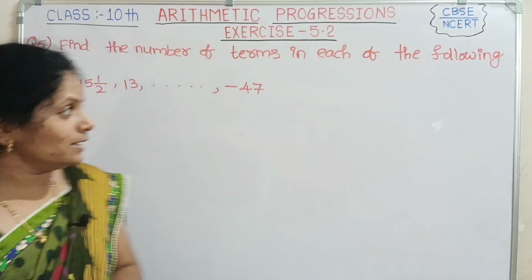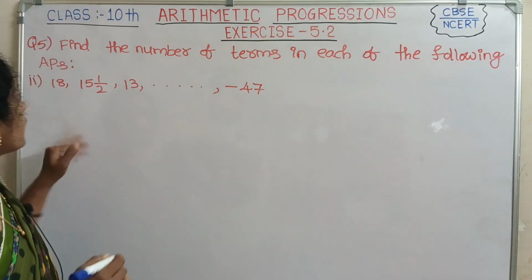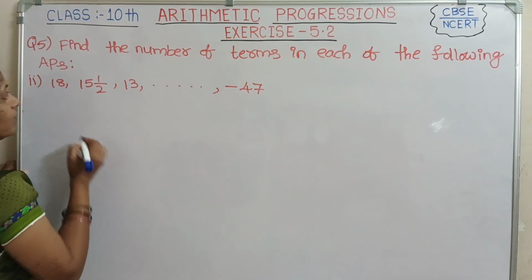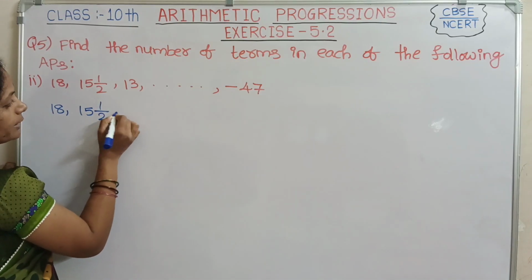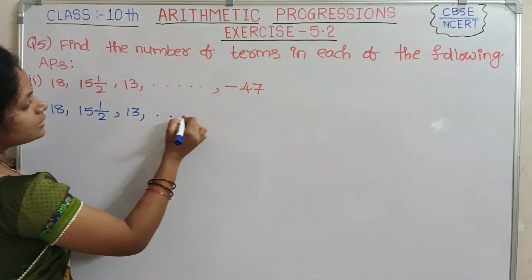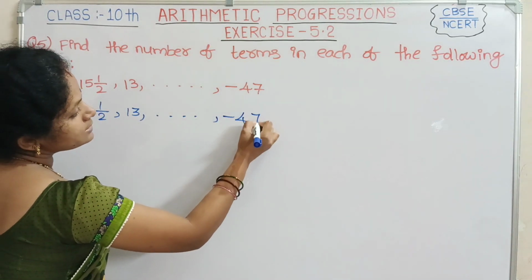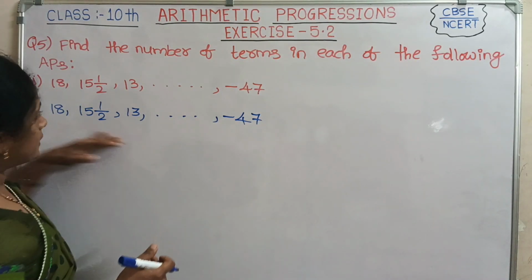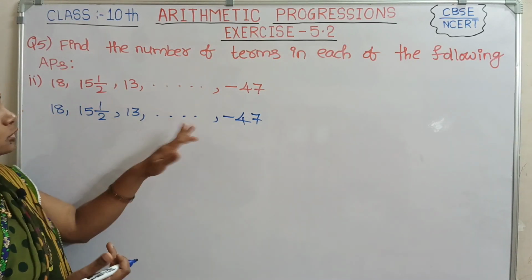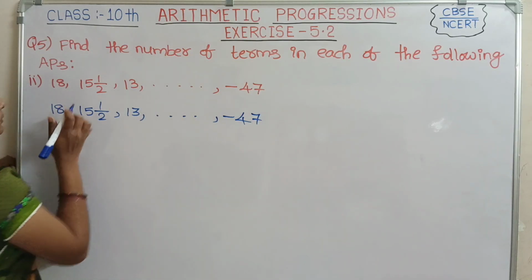In this fifth question, let us solve the second part. Here, this is the given AP, 18, 15 and 1 by 2, 13 and so on. The last term is minus 47. Here also we are asked how many terms there are in this total list of numbers.